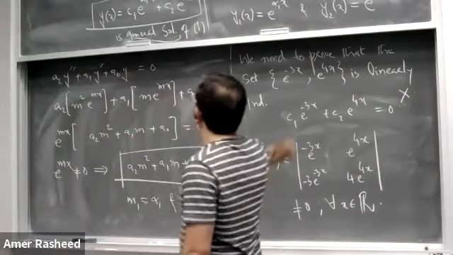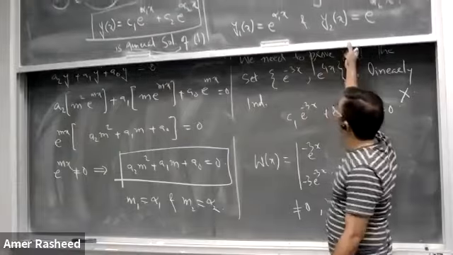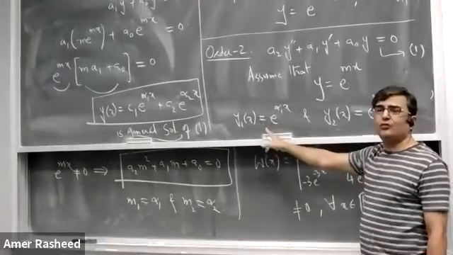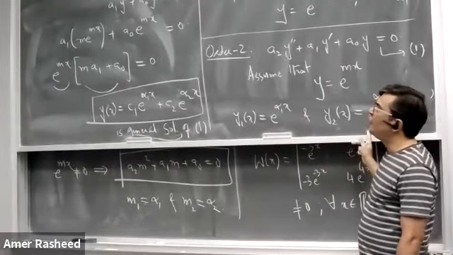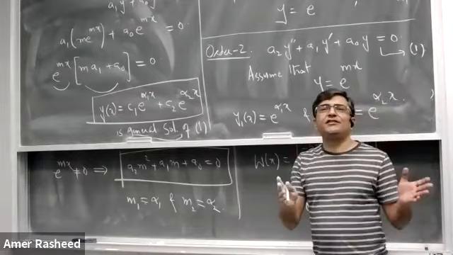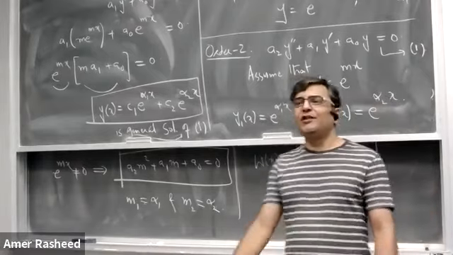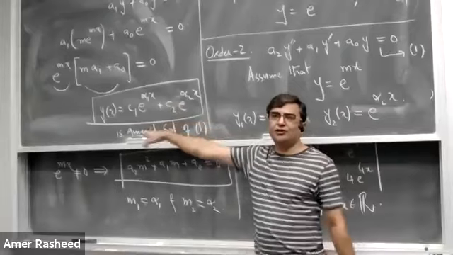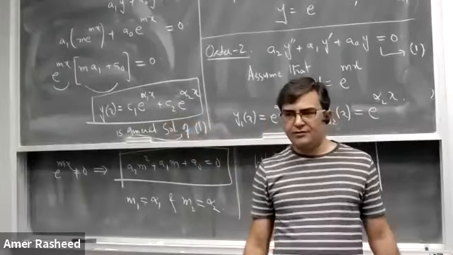You'll get 3 solutions, y1, y2, y3. You check whether that set of solutions is a fundamental set of solutions. Then again, you can write the general solution by writing the linear combinations.